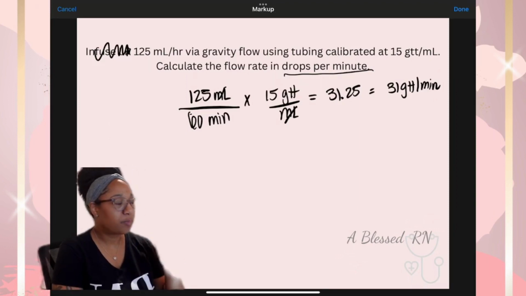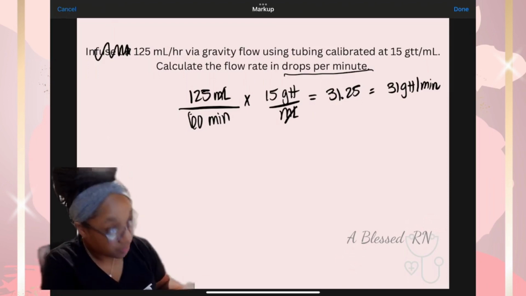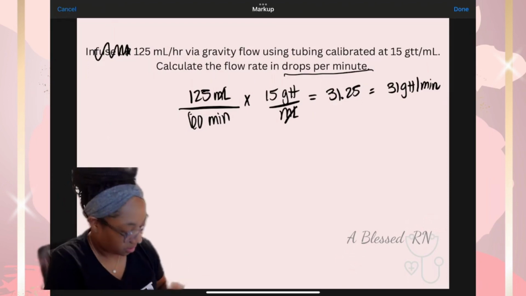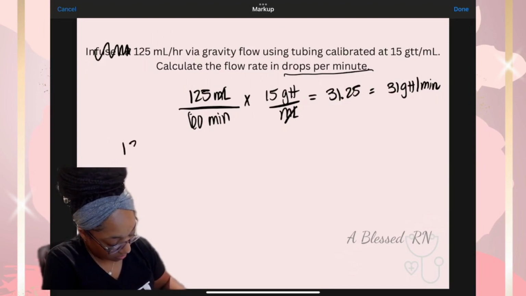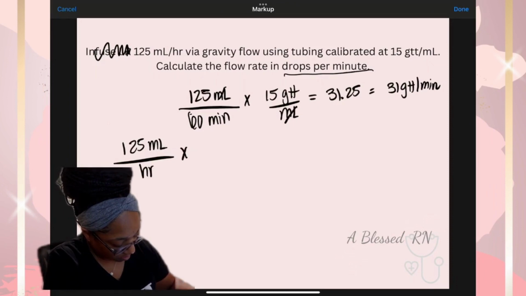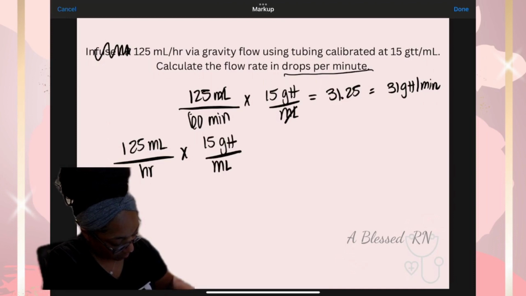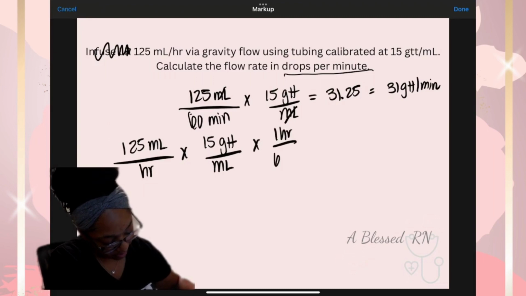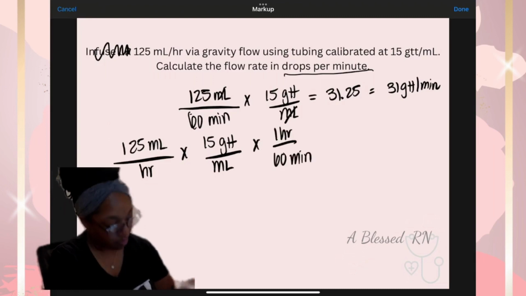If you don't remember that the formula calls for minutes, then you're welcome. Dimensional analysis, the way that you would set it up is like this. 125 milliliters over an hour times 15 drops per mL, right? Then 1 hour over 60 minutes.